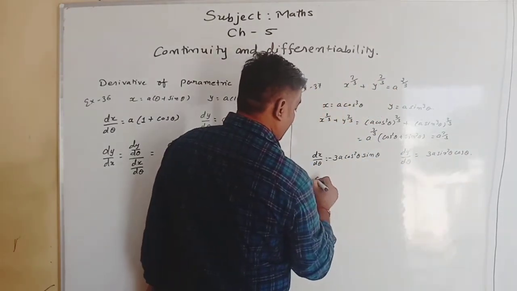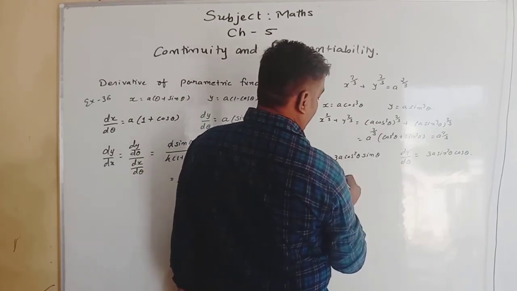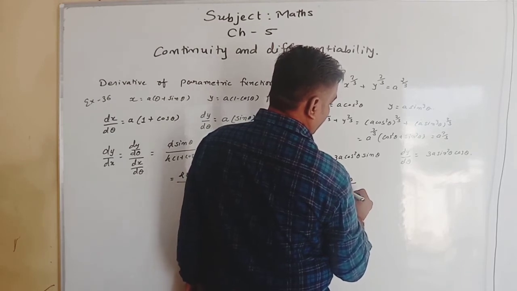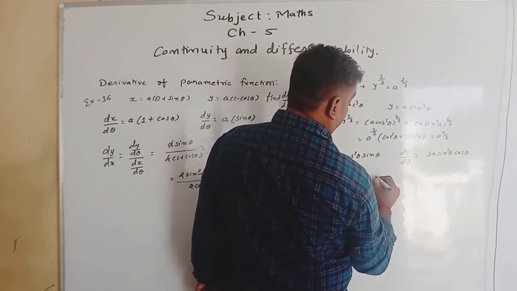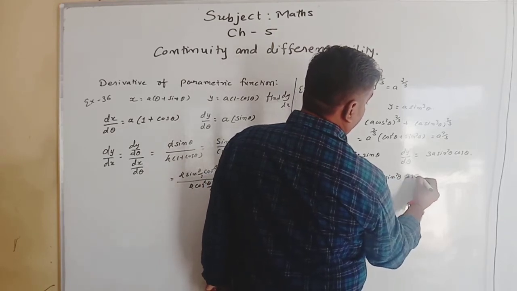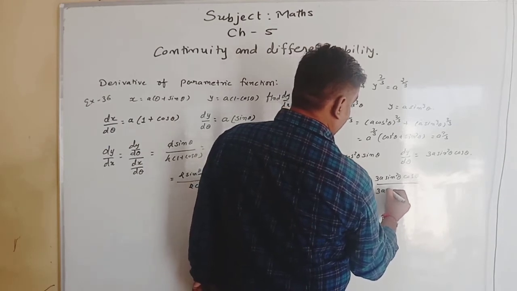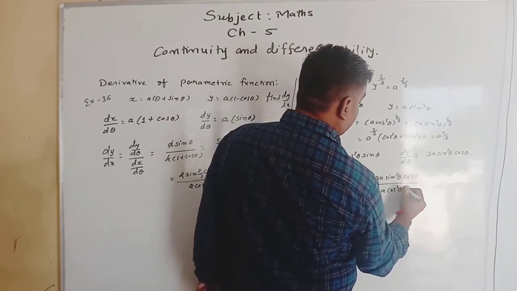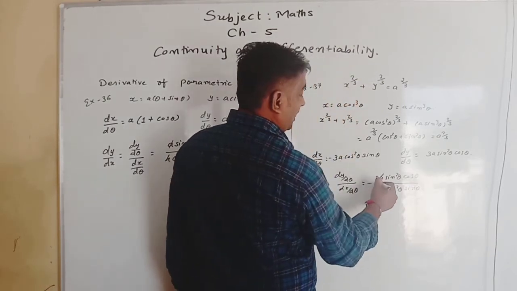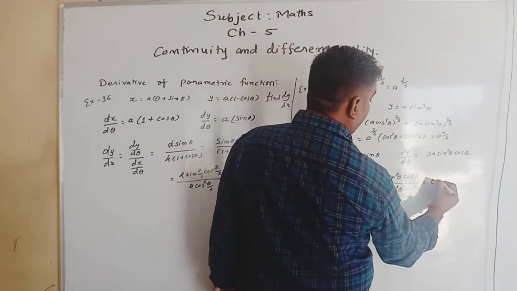So dy by dx is dy by d theta upon dx by d theta, which is 3a sin square theta cos theta upon 3a cos square theta sin theta, with a minus sign because of the minus. The 3a cancels, sin theta cancels and cos theta cancels, so it is minus tan theta.